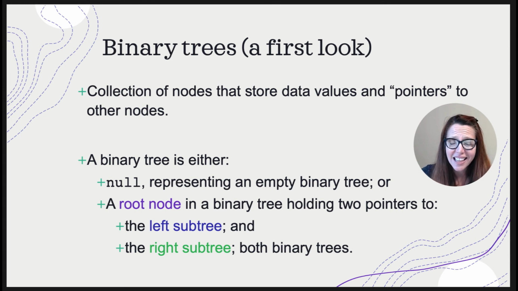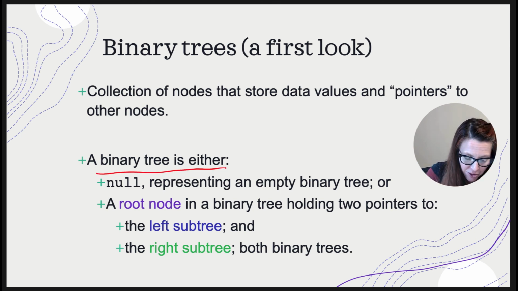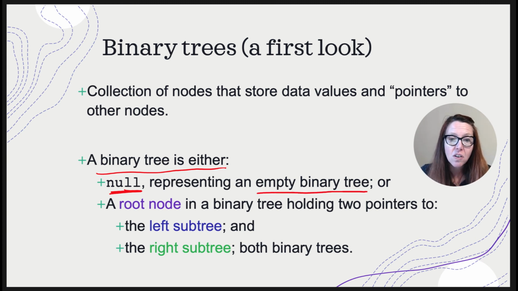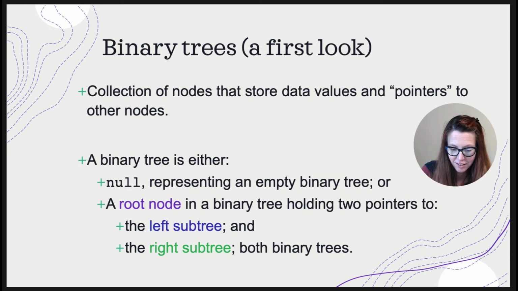So we still see that null popping up. And so a binary tree is either null, representing an empty binary tree, or it is a root node that holds pointers to a left and right subtree, both of which are binary trees.